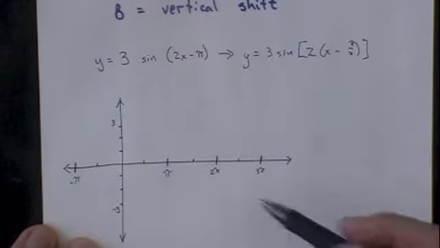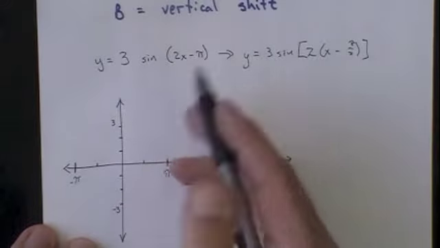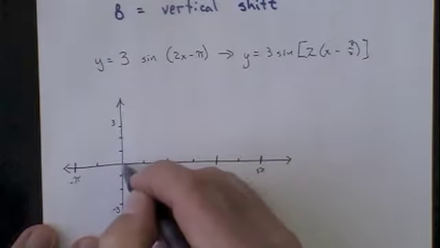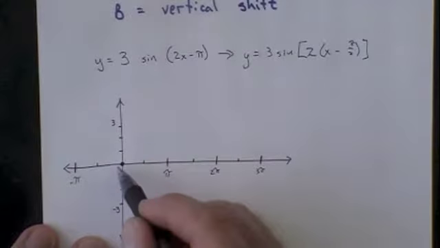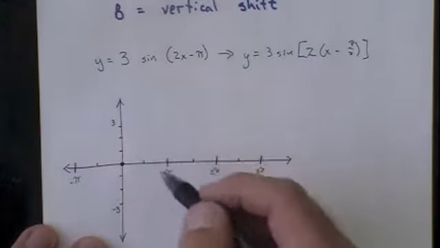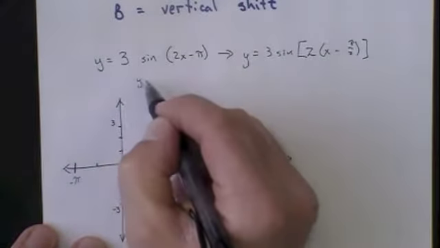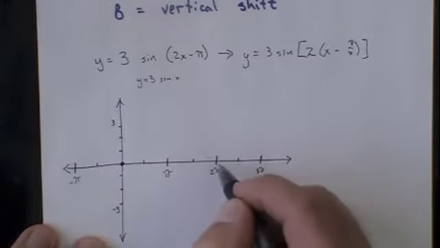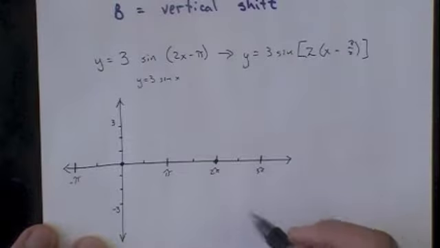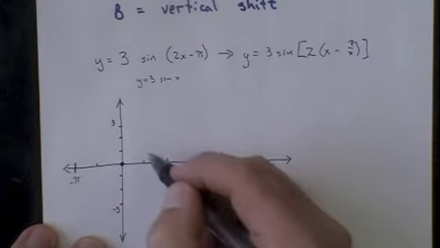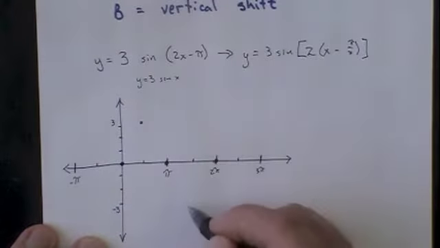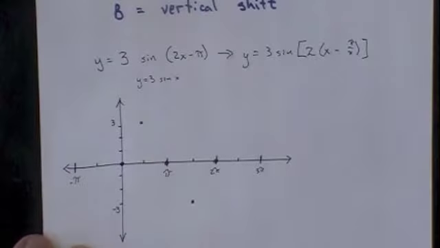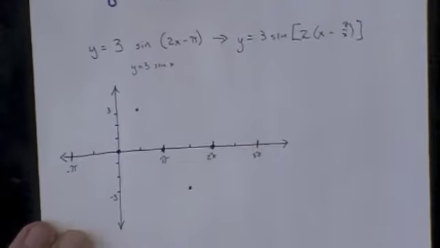So if I'm going to graph y is equal to 3 times the sine of x, I know sine starts at 0 and amplitude is 3. Then my critical points would go here at 2 pi. Now we're crossing again at pi, up here, down here. Those would be the critical points that we start with.